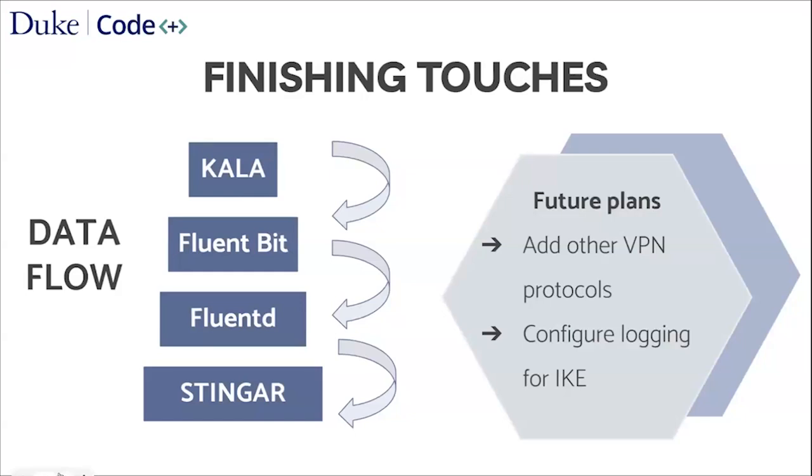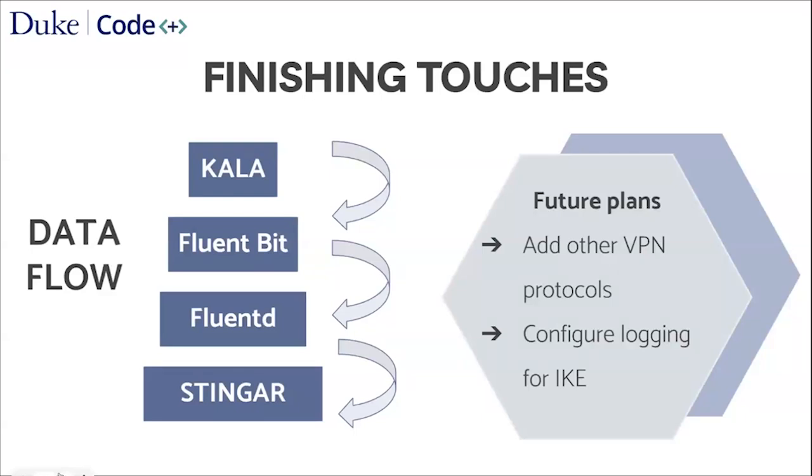And for future plans, we do want to add other VPN protocols. So talking with Cisco, our sponsor, the most common protocol that they use is SSL, or Secure Sockets Layer. And so we want to see if in the future we could add that to our honeypot, as well as any other VPN protocols.